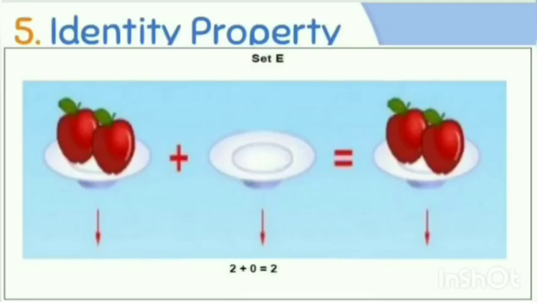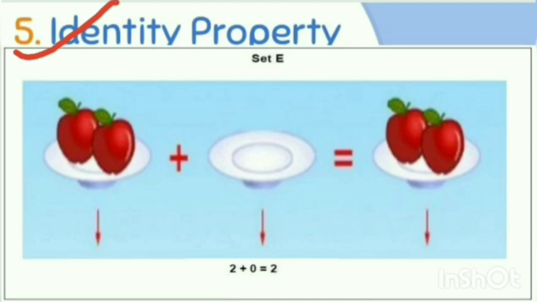Next is identity property. In identity property, we have two types of identity element. First one is additive and second one is multiplicative. Here in the figure, the example of additive identity is given.